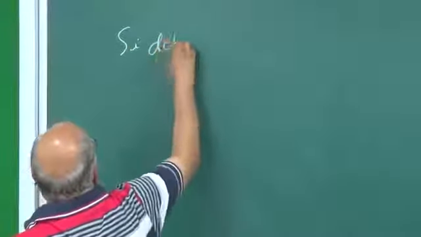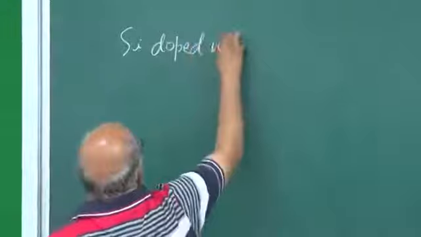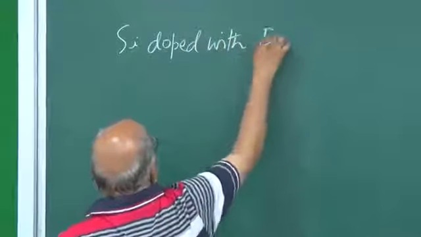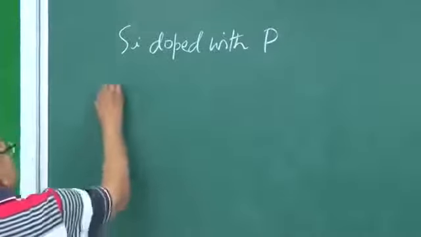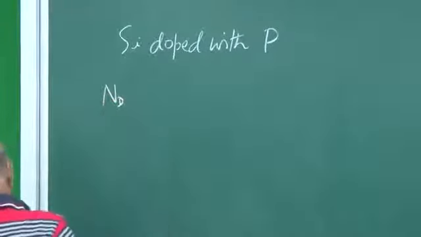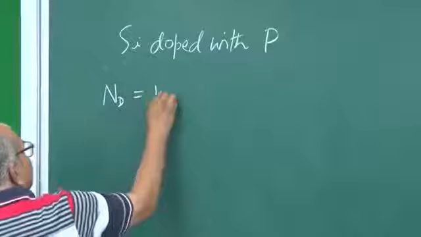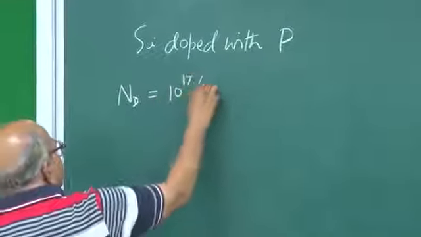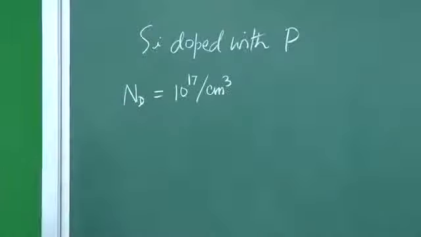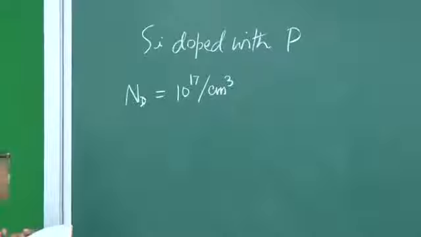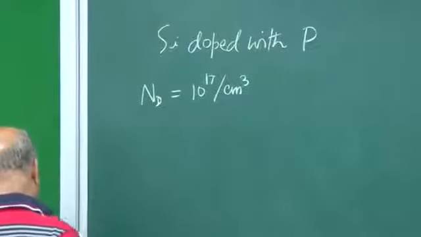The data given are Nd, which is 10 power 17 per centimeter cube. This is the number of donor ions per centimeter cube, the concentration of donor ions.